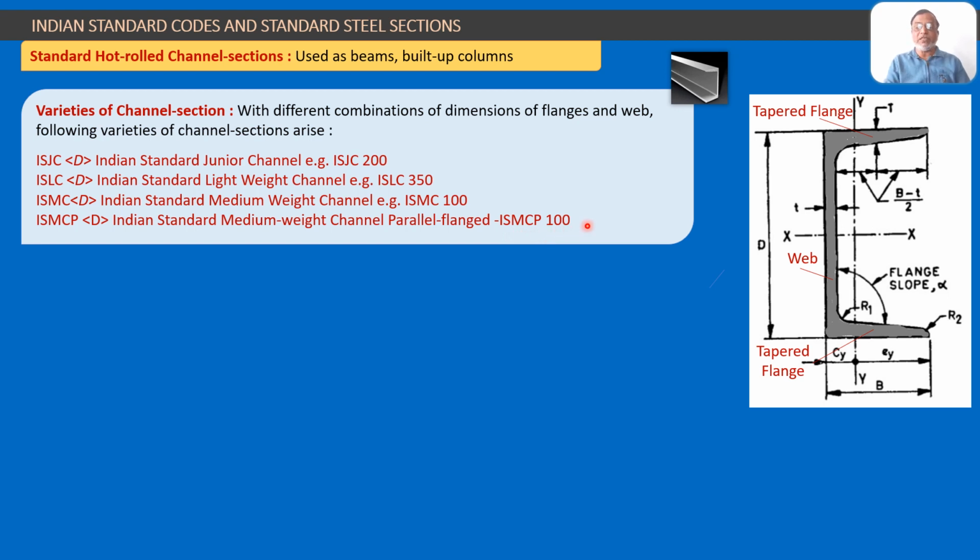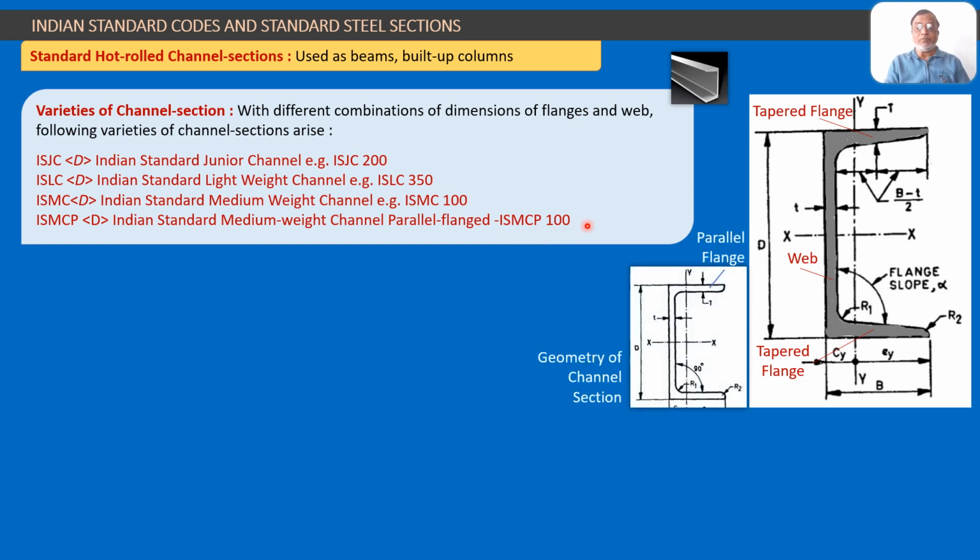What is the meaning of this parallel flange section? Let us look here. This section and this section, both of them are exactly same as they look like a C. But if you look carefully at the flanges, in this section you see a tapered flange. Tapered means its thickness reduces at its end. It goes on reducing gradually.